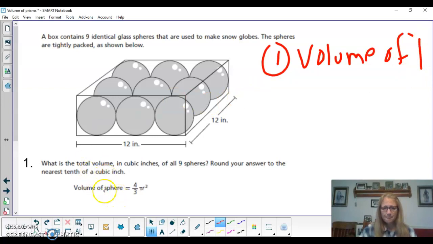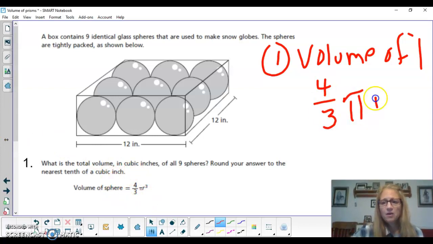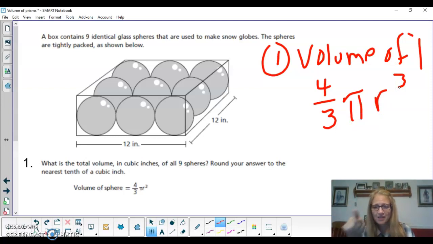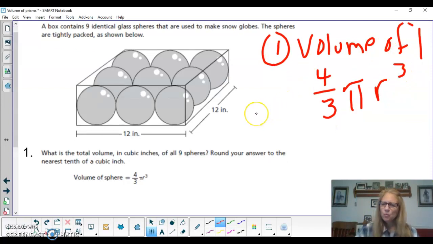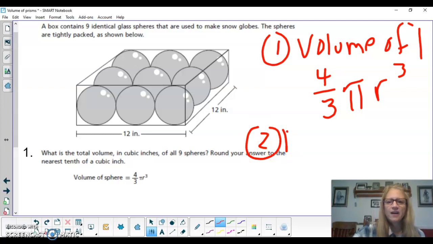And here is our volume formula. It's 4/3 pi r cubed. And don't forget that cube because I was making this answer key and it was not working out, and that's because I had a squared here and not a cube. So make sure that is cubed. Okay, so I know you know what to fill in for pi, but we need to find the radius. So step 2, we need to find r.